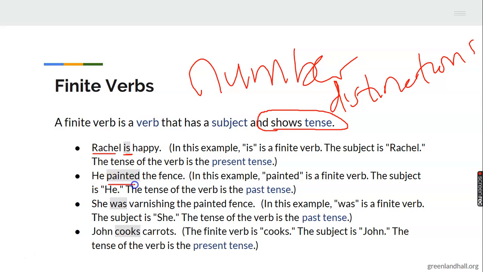And like I said, they show tenses. This is present tense, is; past tense, painted. This is was, in the singular form, agreeing with this, and it is past tense. Cooks, present tense, agreeing with the subject, John, singular. Then this is in the present tense form.